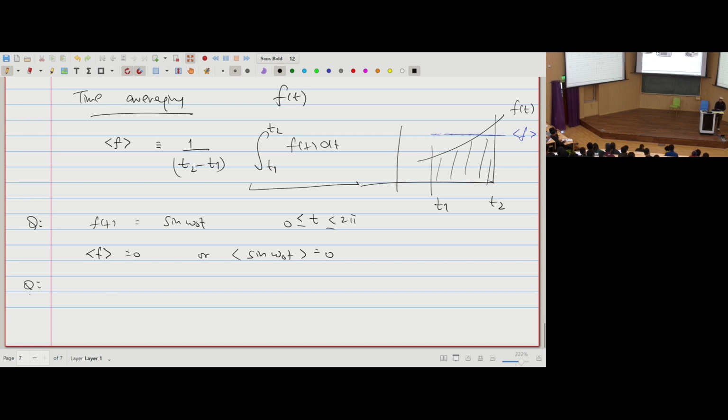What about sine squared omega naught t, in a full wave, let us say 0 to 2 pi? Let us make it just sine squared t. 1 by 2, right?